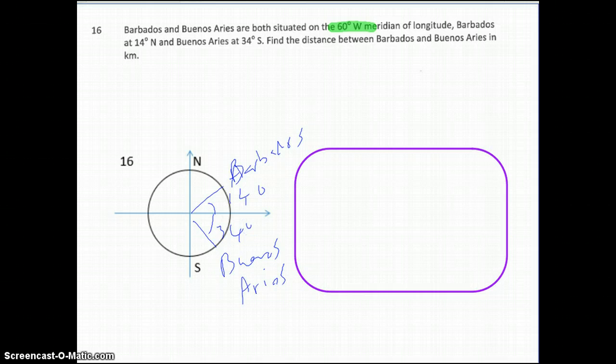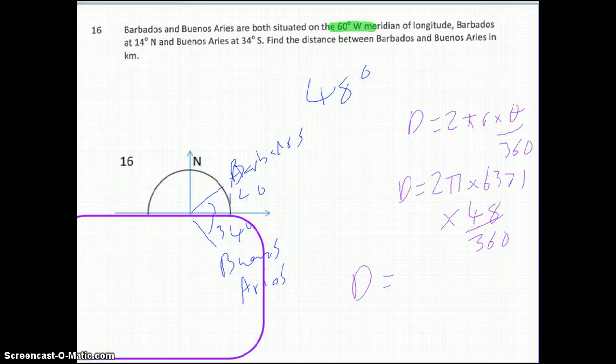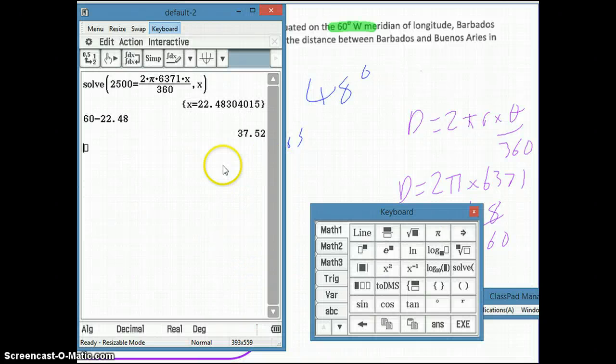So you have a total there of 14 plus 34. It's going to give us 48 degrees for theta. Work it out then in exactly the same way. D is 2 pi r times theta over 360, which is 2 pi times 6371 times 48 over 360. Use your calculator then to work it out.